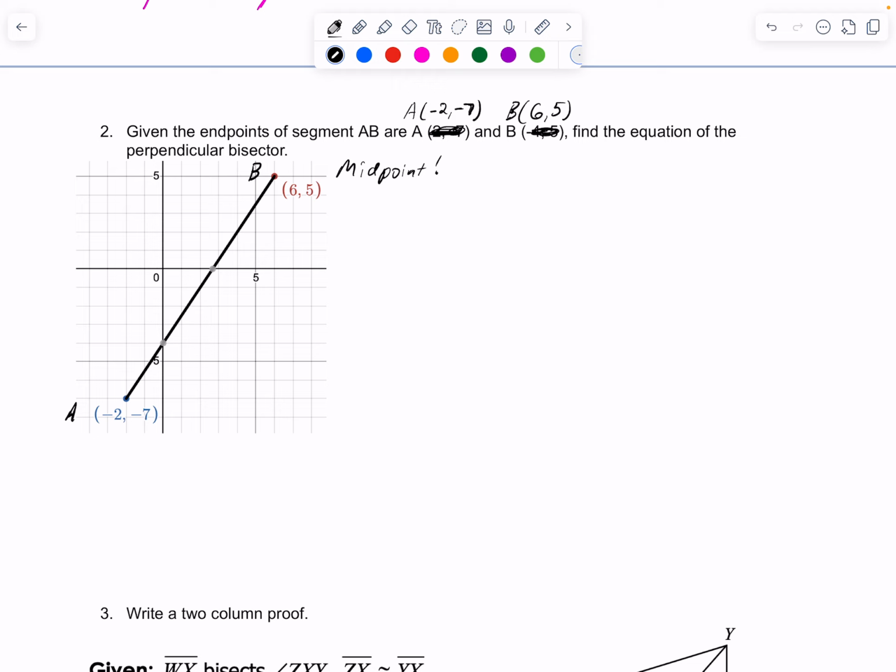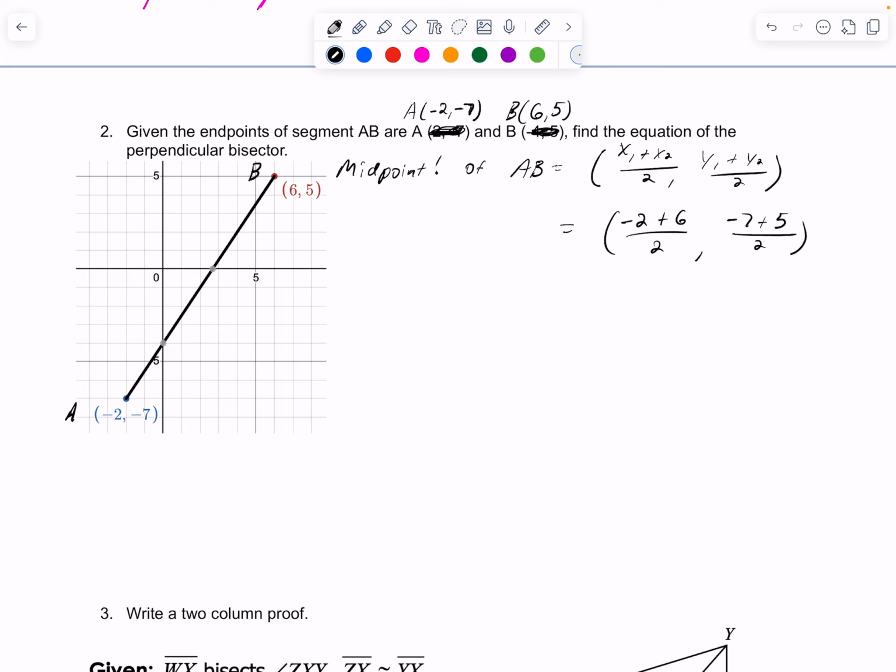So going back to your days in unit 1, finding the midpoint of AB means we're going to do x sub 1 plus x sub 2 divided by 2, and then y sub 1 plus y sub 2 divided by 2. So that's going to be negative 2 plus 6 over 2, and then we have negative 7 plus 5 over 2.